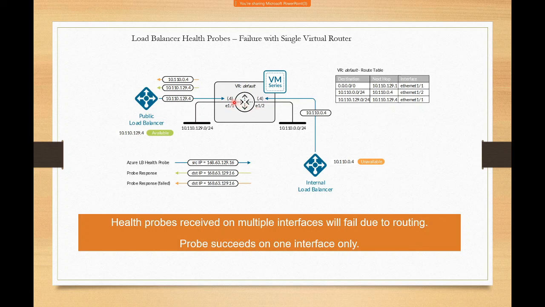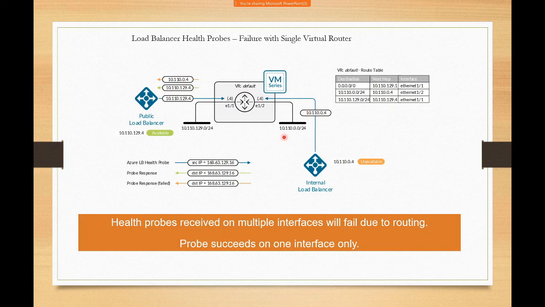On Ethernet 1/1, the subnet is 10.110.129.0, and on Ethernet 1/2 it is 10.110.0.0/24. Okay.